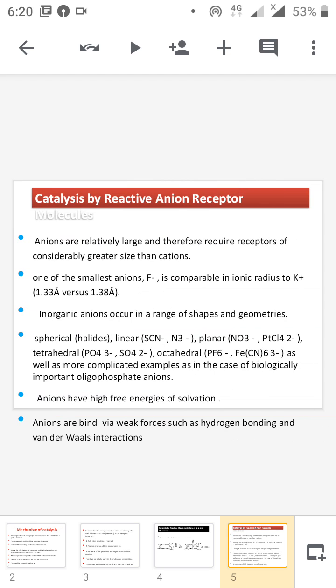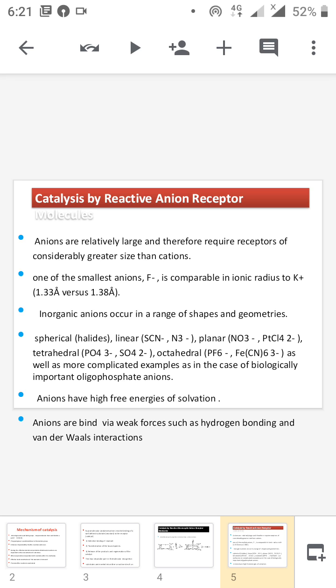The next is catalysis by a reactive anion receptor. As you know, anions are relatively larger and therefore require larger receptors than cations. One of the smaller anions is F minus, but the size of F minus is comparable to the ionic radius of K plus, that is 1.33 angstrom for F minus and 1.38 angstrom for K plus. So the inorganic anions occur in a range of shapes and geometries.